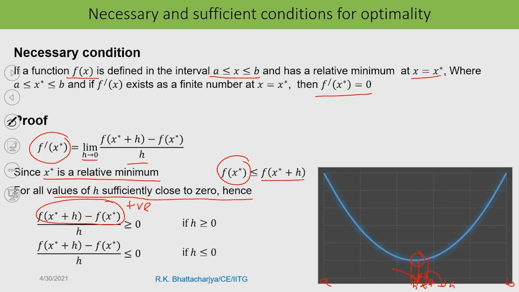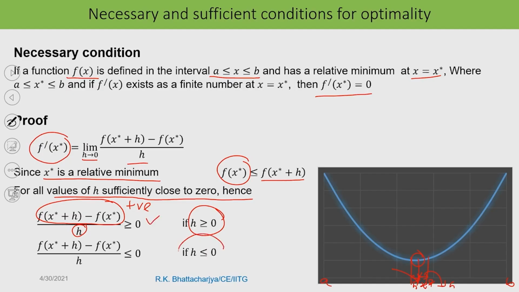Therefore, f(x star plus h) minus f(x star) is always positive. So the sign of f(x star plus h) minus f(x star) divided by h will depend on whether h is positive or negative. If h is positive, that means you are approaching x star from the right hand side, so in that case this value will be greater than 0.